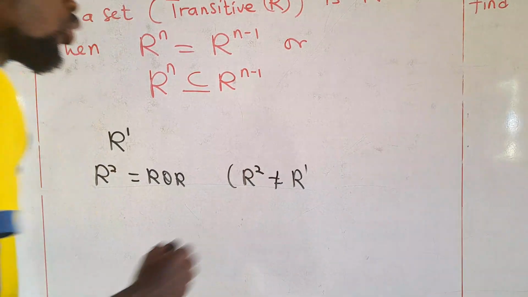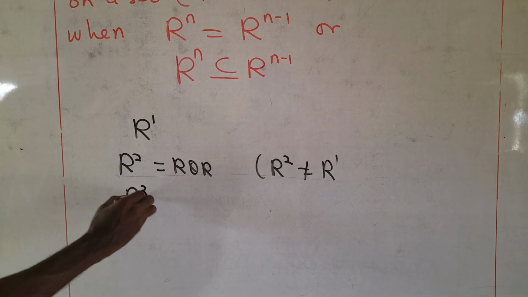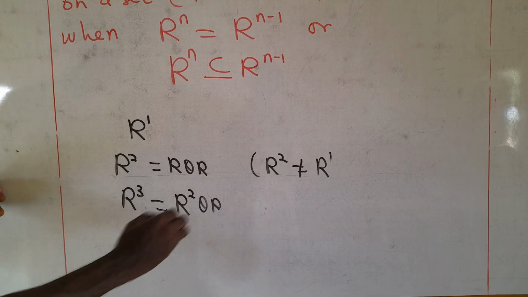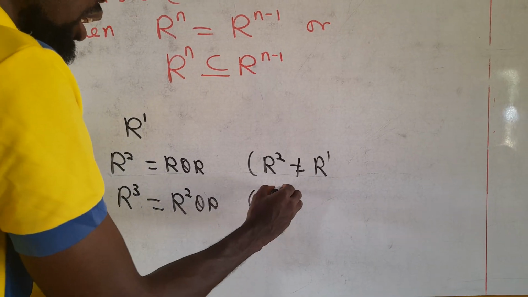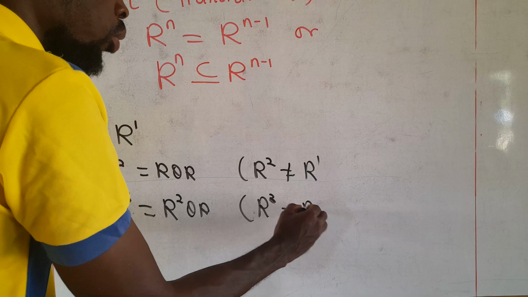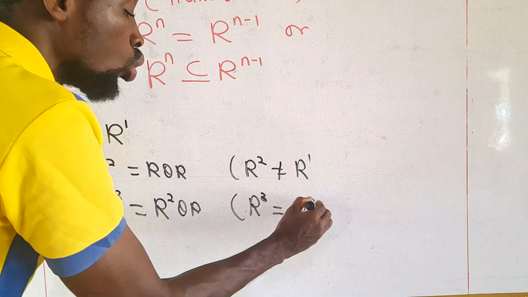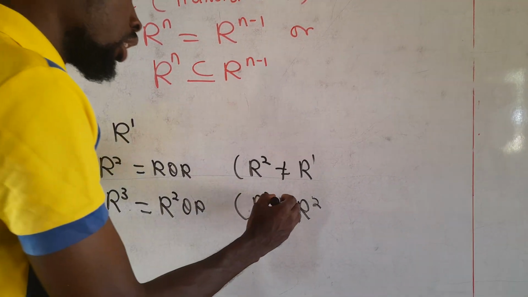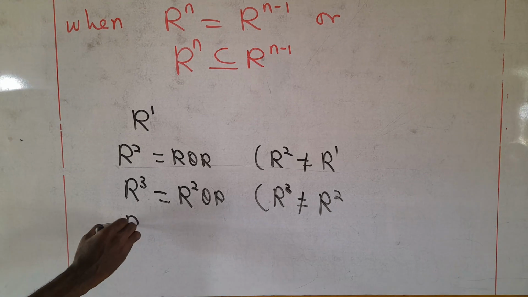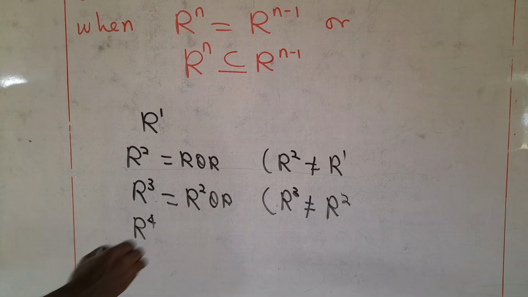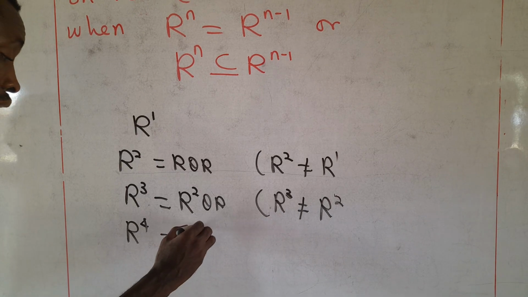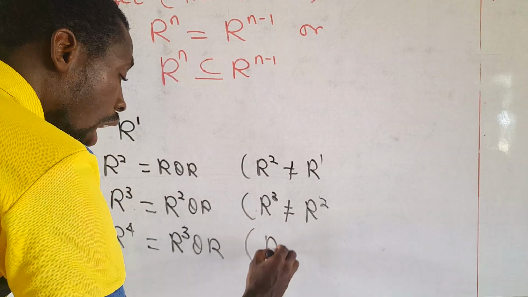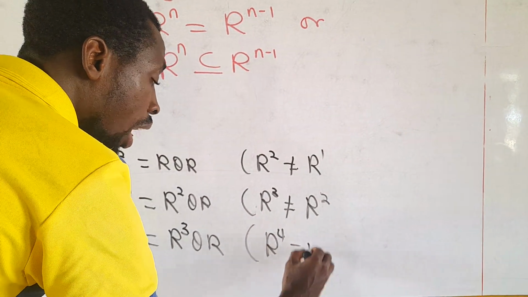If it is not equal, you go further to find R exponent 3. And remember, R exponent 3 will be equal to R squared composite R. If R exponent 3 is equal to R exponent 2, then R exponent 3 is the transitive closure of the relation R. If it is not equal, then you proceed to find R exponent 4, which will be R exponent 3 composite R. After that, you check whether R exponent 4 is equal to R exponent 3.